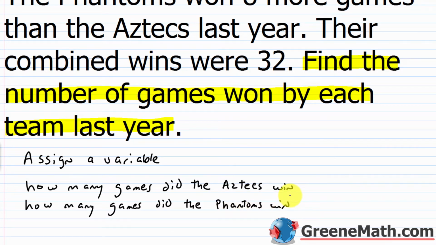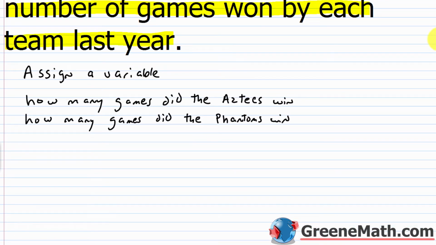These are our two unknowns. So when we get to the stage of assigning a variable, it really doesn't matter which one I assign a variable to. So in other words, we could say let x equal the number of games the Aztecs won.